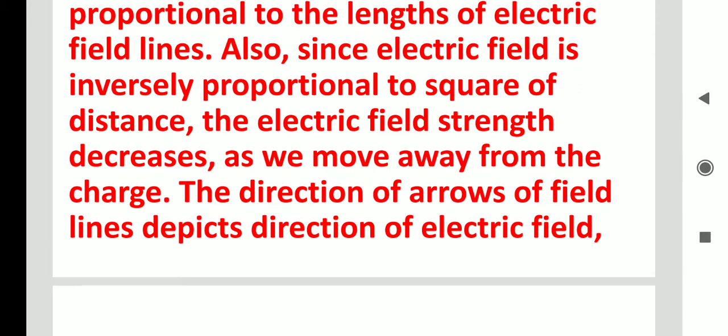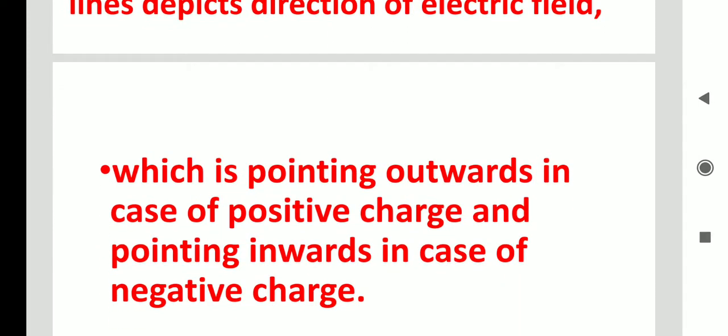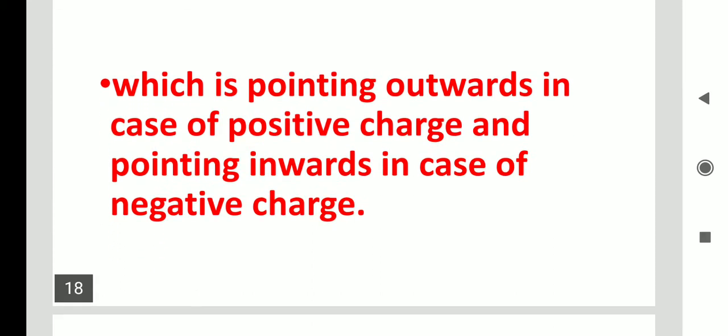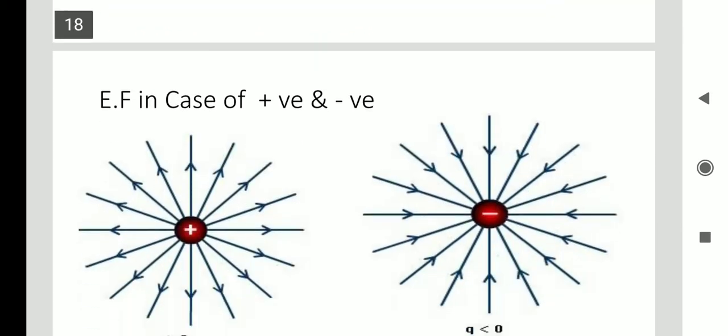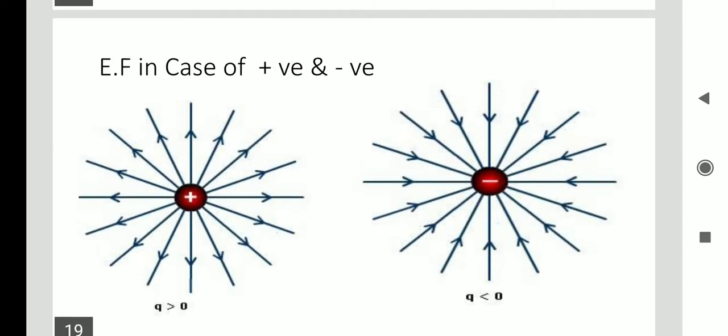The direction of arrows or field lines depicts the direction of electric field, which is pointing outwards in case of positive charge and pointing inwards in case of negative charge. See, positive charge, outward; negative charge, inward.